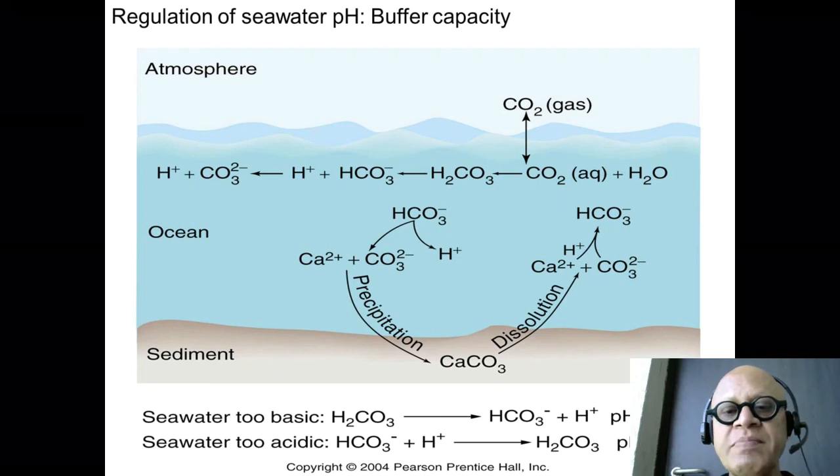So looks complicated, but just stare at it for a little bit. There are just 2-3 equations which are very critical for understanding a lot about ocean's role in global warming and ocean's role in important life forms like corals and calcium carbonate forming shells and so on and so forth. Right?